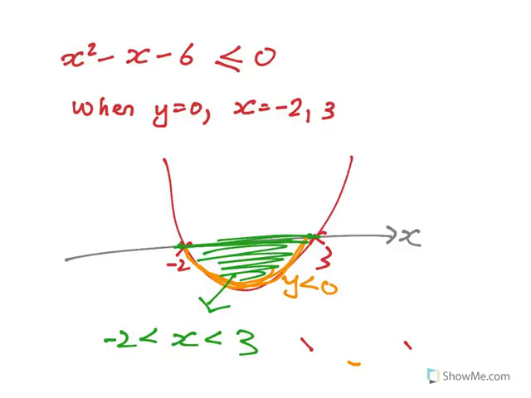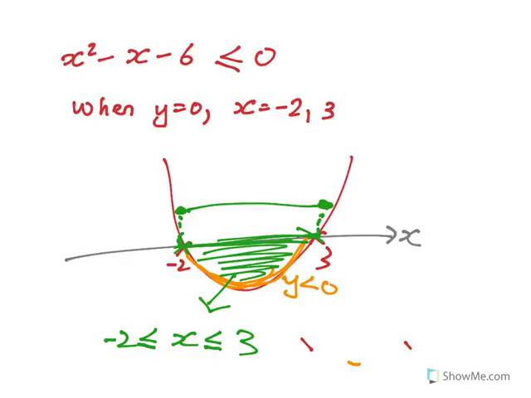X is greater than or equal to negative 2, and x is less than or equal to 3, because you can include these 2 points. So if I draw a number line, it looks like this, from here to here.